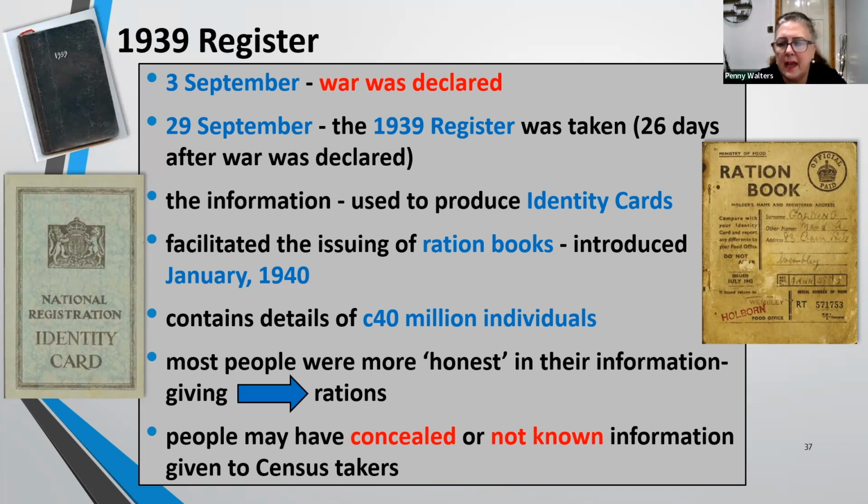If you were in a heavy manual physical job, men generally would get an extra ration, and this would be milk and eggs and butter and a slice of ham or a little tiny bit of cheese. So more than likely people were giving the truth. 40 million people were in there. So this is really, really useful.